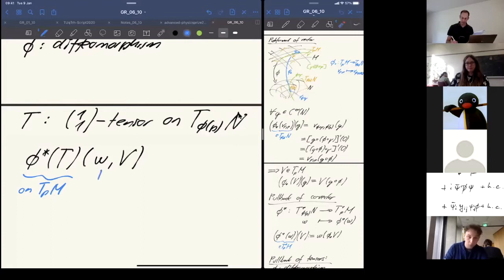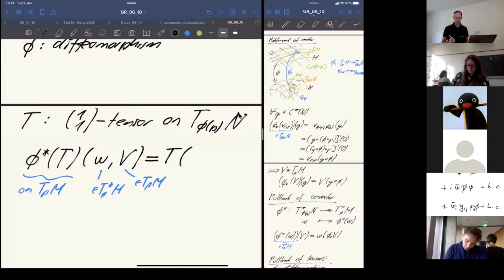So this has to be now in T_p star M, and this has to be in T_pM. And now I just have to say, what should that be? So now I have to give the definition. And you probably can already guess. In these definitions, one always does the obvious thing.